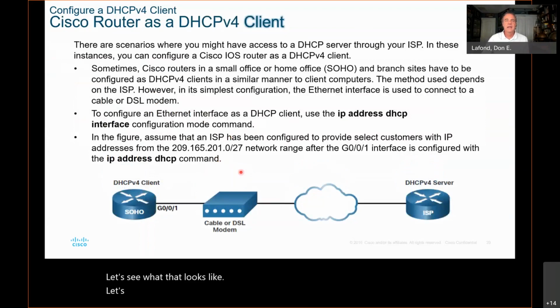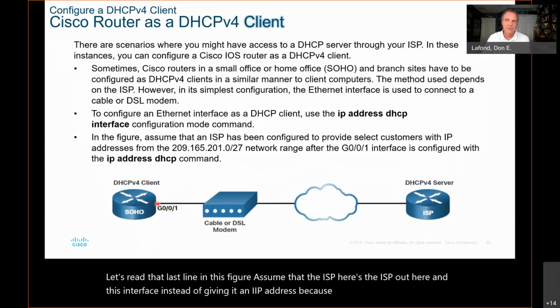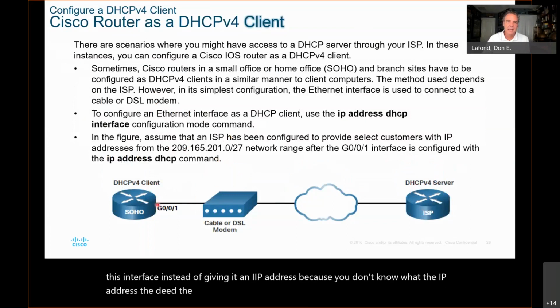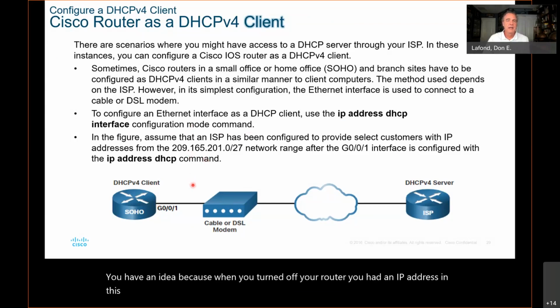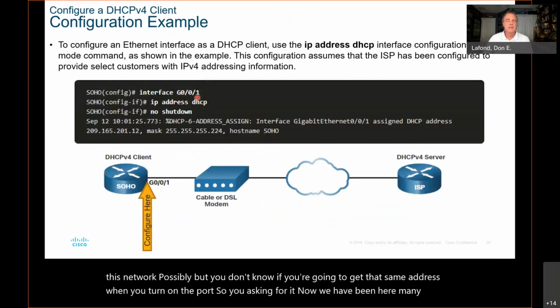In this figure, assume that the ISP is out here, and on this interface, instead of giving it an IP address, because you don't know what IP address the ISP is going to give you, you have an idea because when you turned off your router, you had an IP address in this network, possibly, but you don't know if you're going to get that same address when you turn on the port. So you're asking for it. Now, we have been here many times. You go into the interface, right?